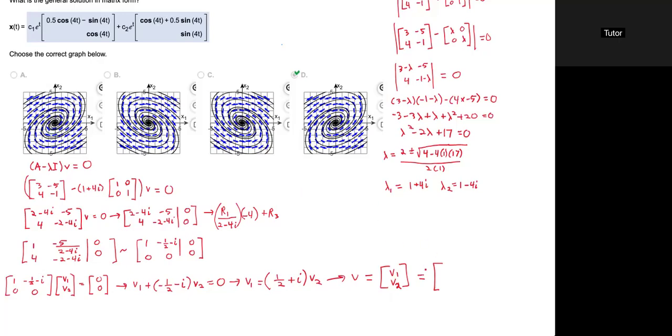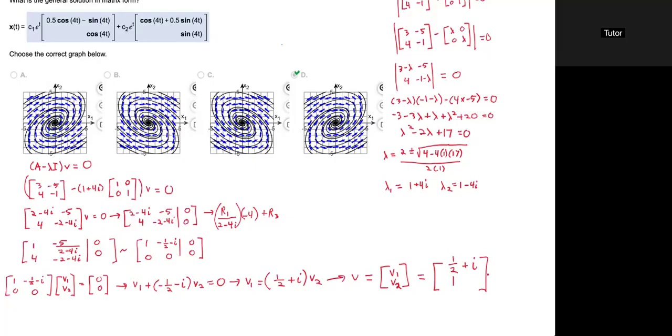So we have infinitely many solutions, but this simply gives us the relationship between v1 and v2. So the simplest one is to pick v2 equal to 1, and thus v1 will be equal to 1/2 plus i.